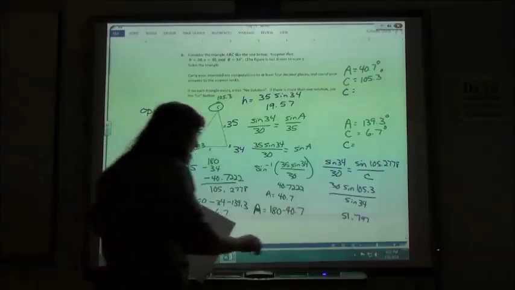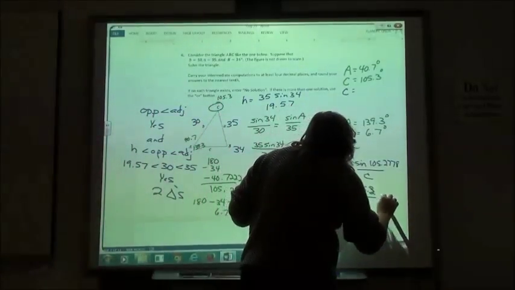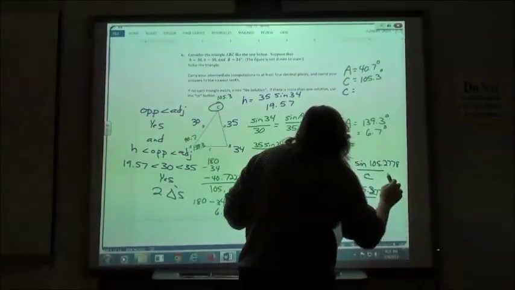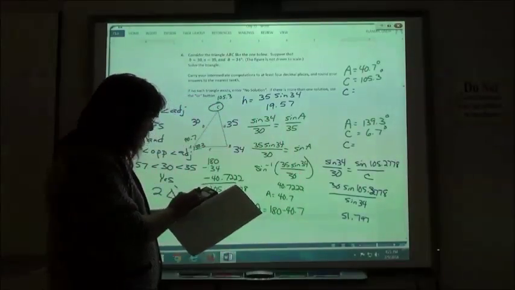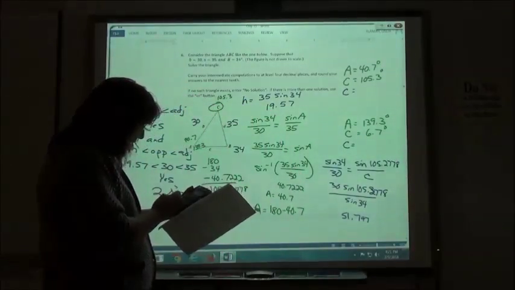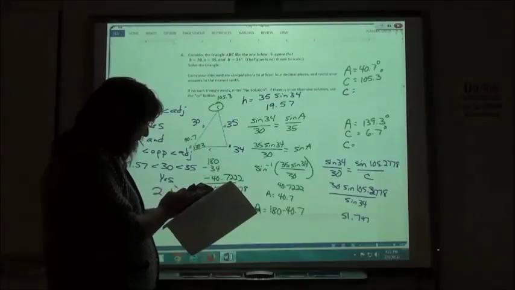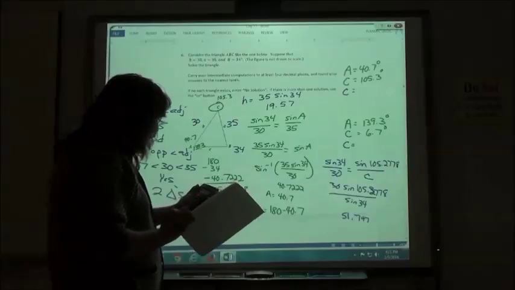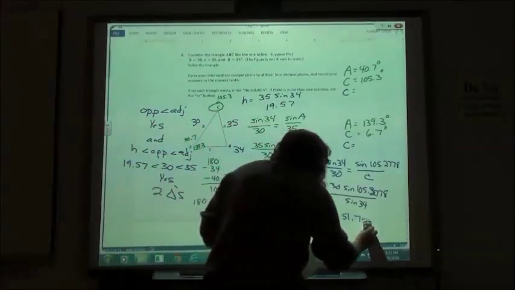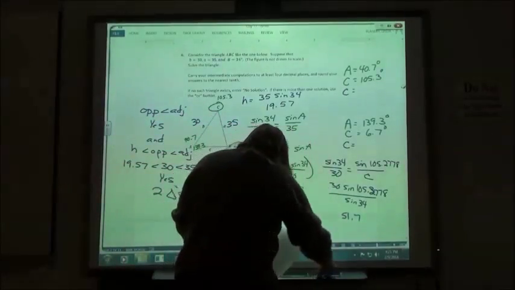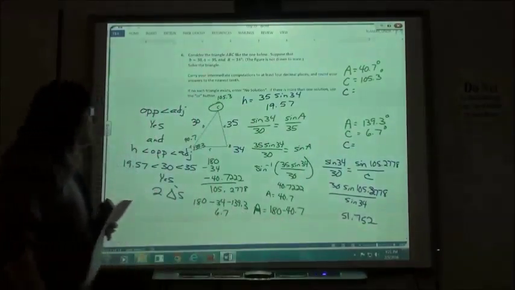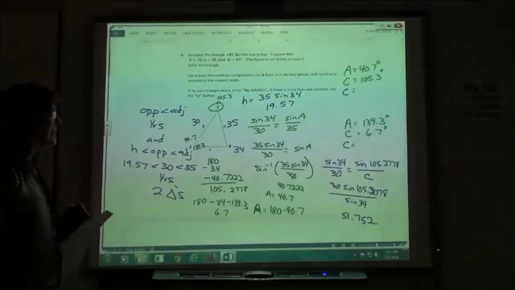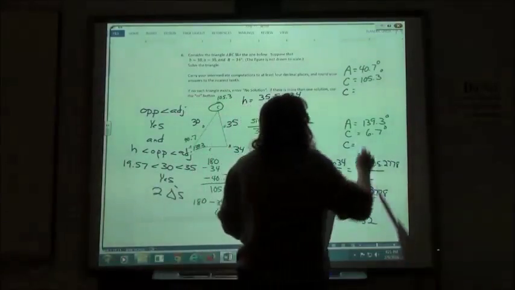So now if I recalculate that using the 0.2778, 30 times the sine of 105.2778 divided by the sine of 34, now I'm getting 51.752. And so when I round that off to the nearest 10th, I get 51.8.